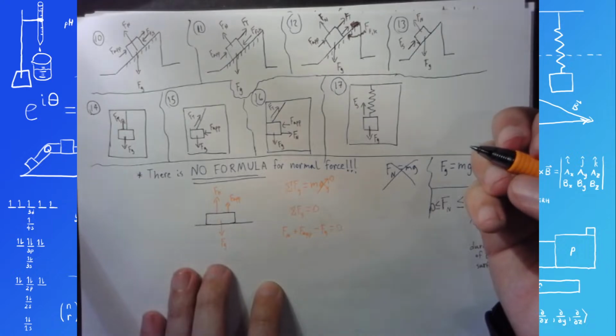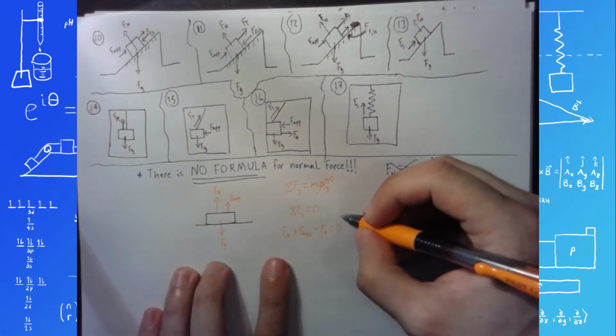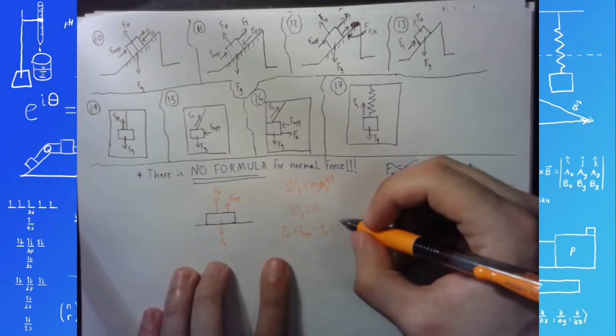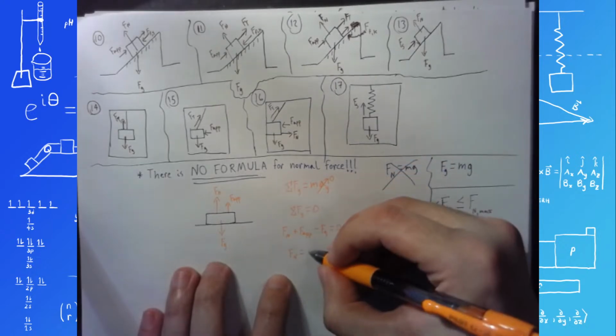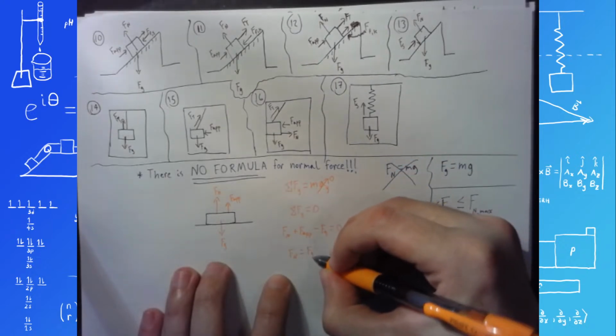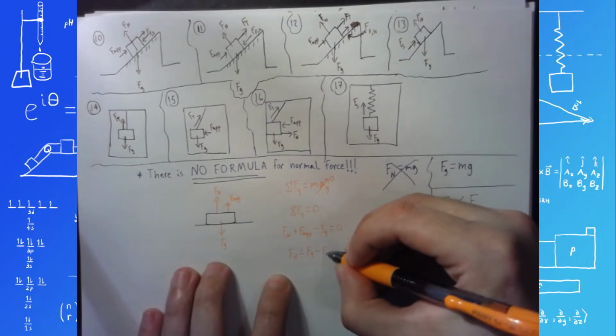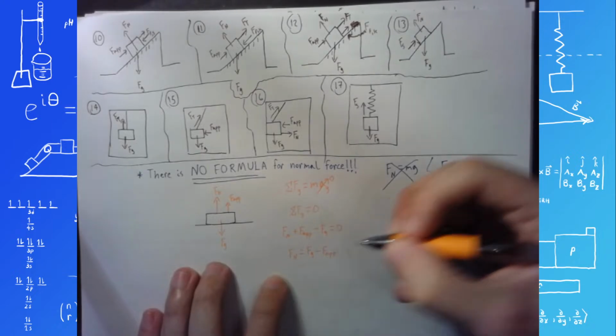If I try to solve this for the normal force, I add force of gravity to the right and subtract the force applied, and I get normal force equals force of gravity minus whatever this applied force is.